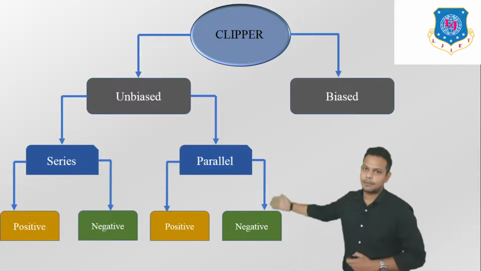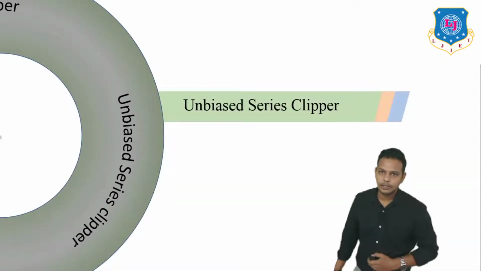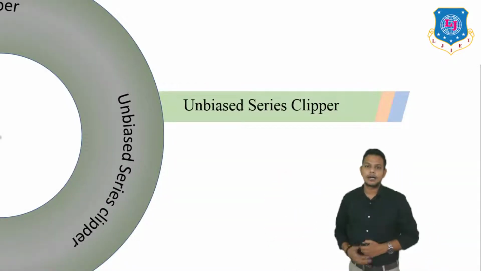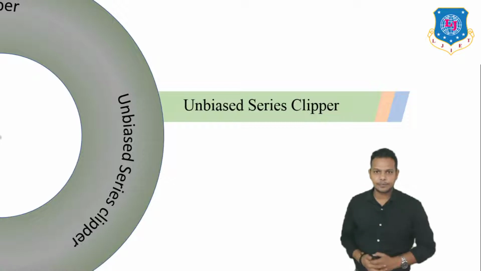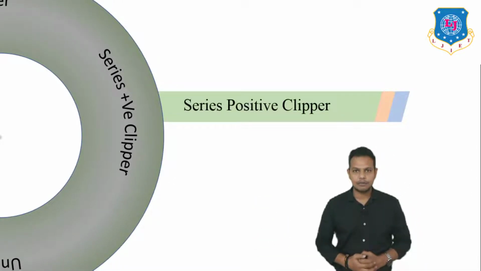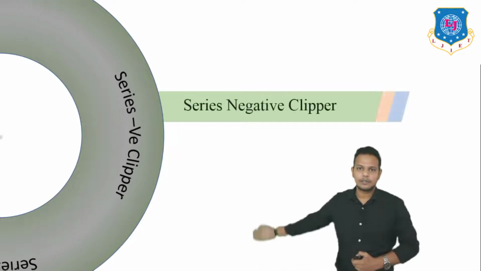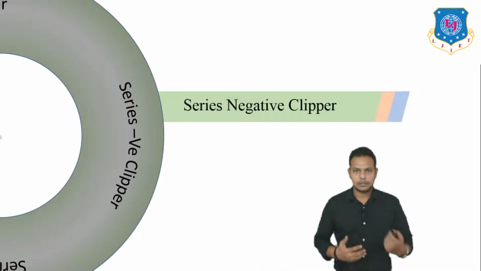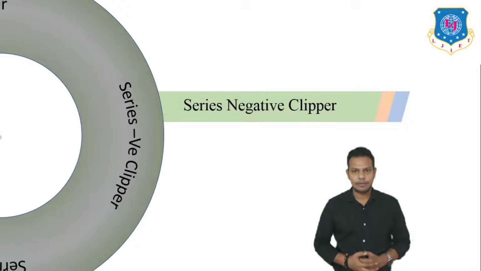So let's discuss today's outcome. First we will see the unbiased series clipper, then we will discuss the series positive clipper, and last we are going to discuss the series negative clipper.